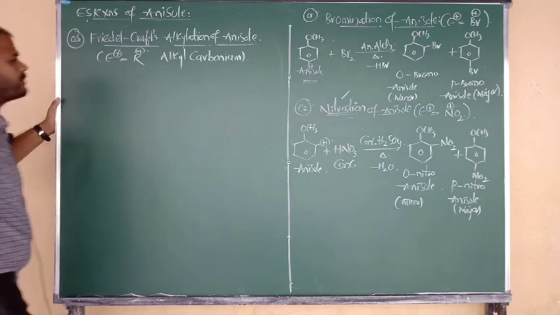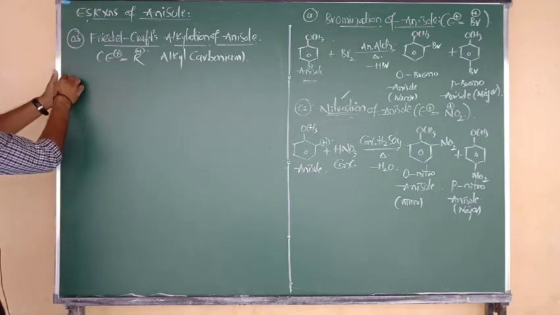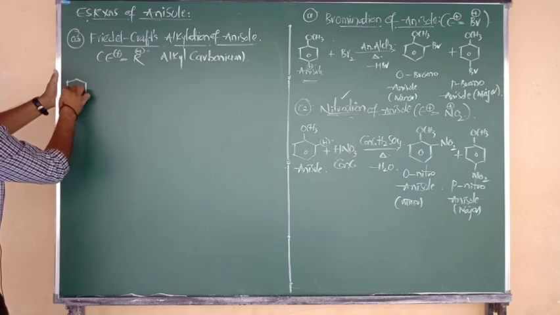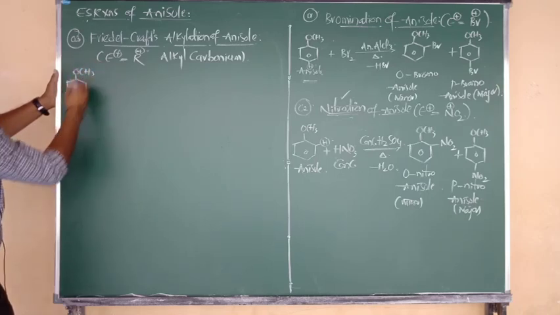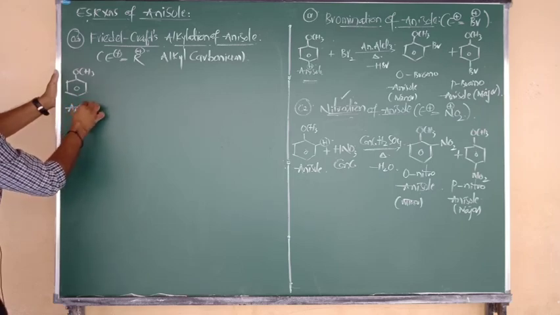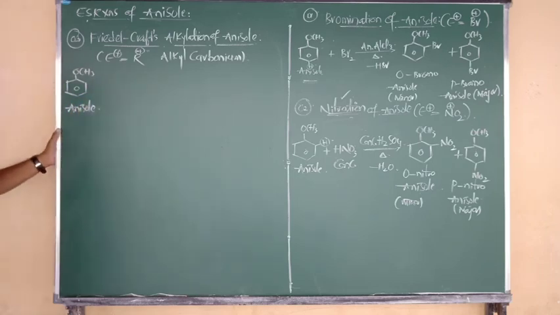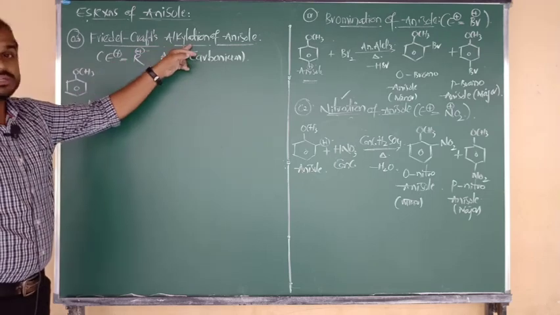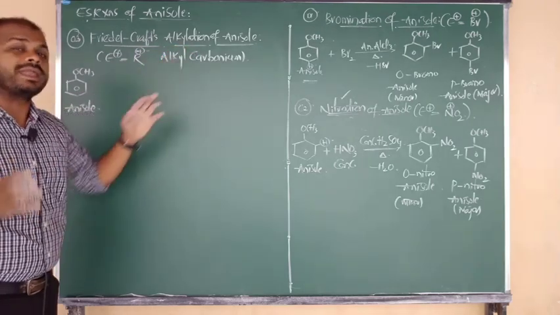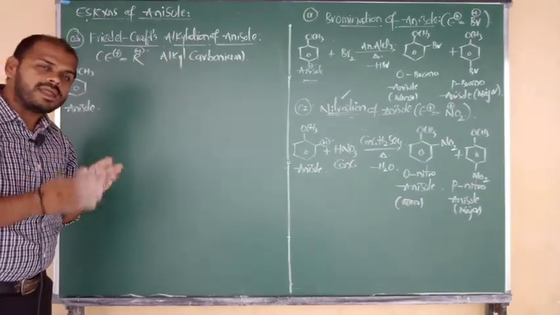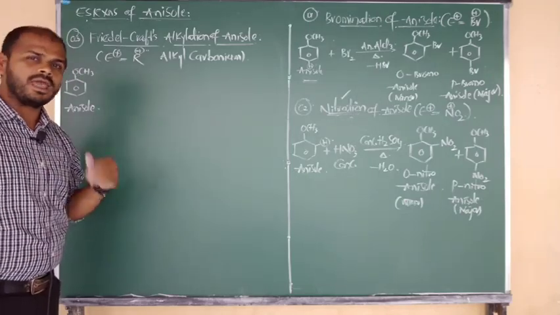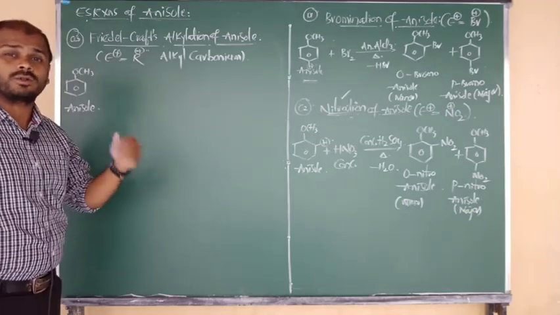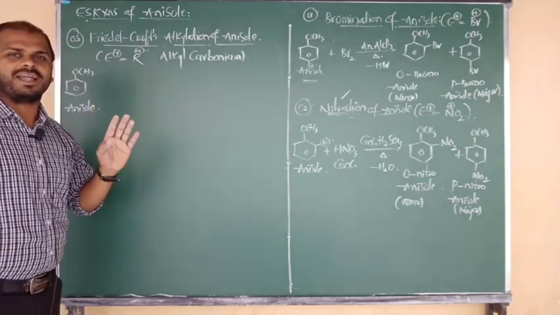Again the same story. Here I am going to show the reaction. Which compound? Anisole, benzene bonded to OCH3. It undergoes which type of reaction? Alkylation. What is meant by alkylation? Reaction with alkyl halide. Any alkyl halide you can add here, like methyl chloride, methyl bromide, ethyl chloride, any halide you can add, beta.